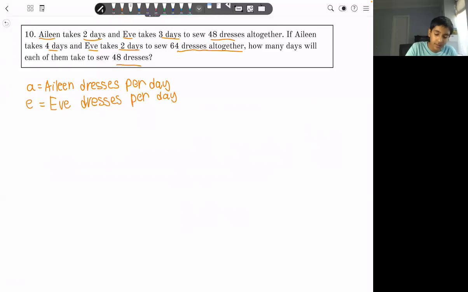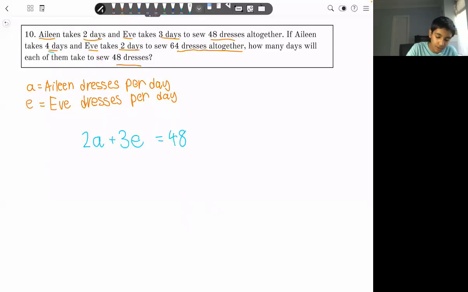Eileen takes 2 days and Eve takes 3 days to sew 48 dresses. That means 2 days times the amount Eileen can do in a day, plus 3 times the amount Eve can do in a day, is 48.